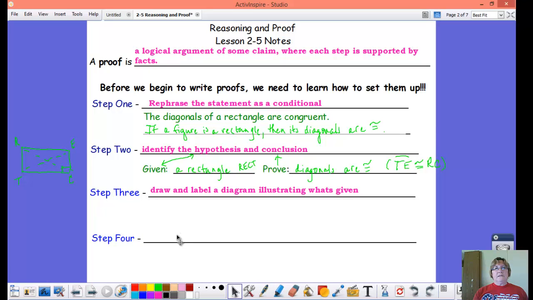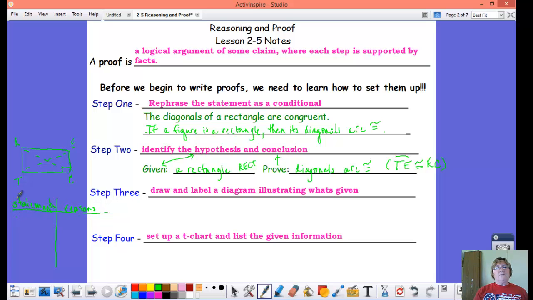Alright, and this fourth step for setting up a proof is to set up what's called a T-chart that shows the given information. When we say T-chart, what we're talking about is something that looks exactly like a T. As we begin writing proofs, we will put statements on the left side, so all of the planks of our argument, and then reasons, support for those planks, on the right.